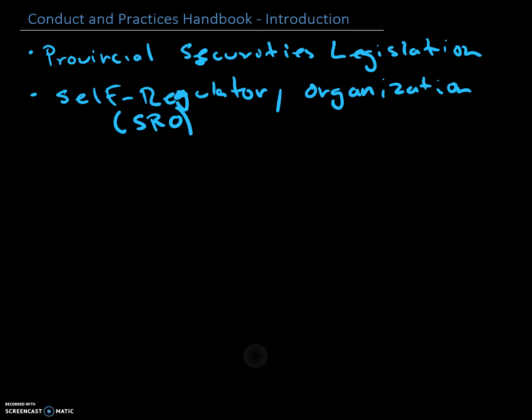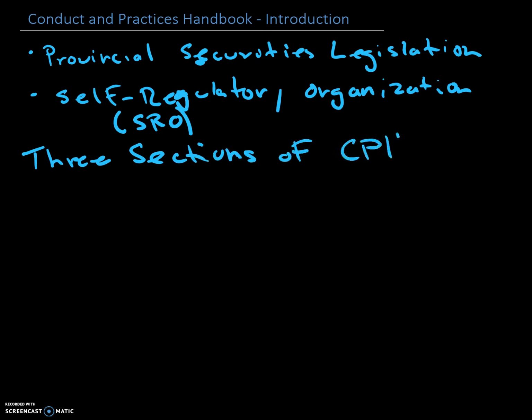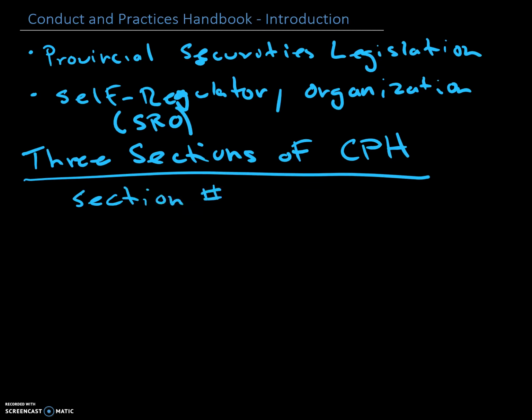So there are three sections of the CPH which we're going to be covering as we go through the 10 chapters. Section 1 is going to be focused mainly on the regulatory environment, and this is going to cover 3 chapters.